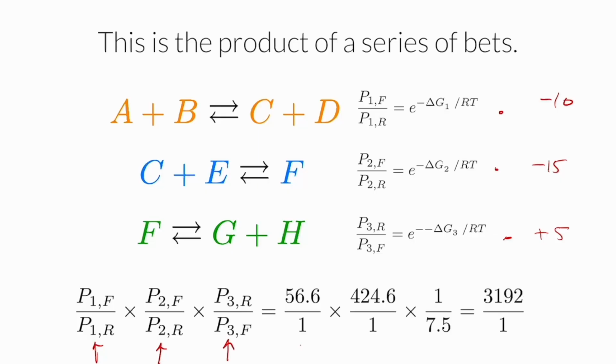Those probabilities end up being 56 to 1 forward for the first reaction, 424 to 1 for the second reaction, and actually 1 to 75 opposing going backwards for the third reaction. But if you multiply all these together, you get 3,000 to 1 favoring going forward over reverse.